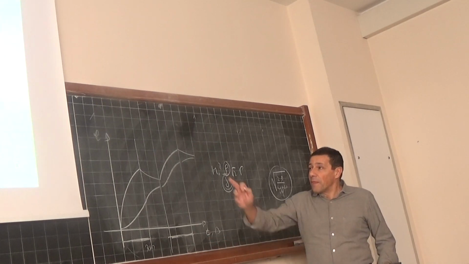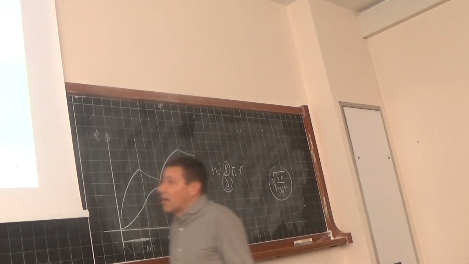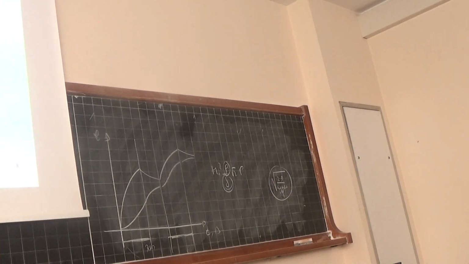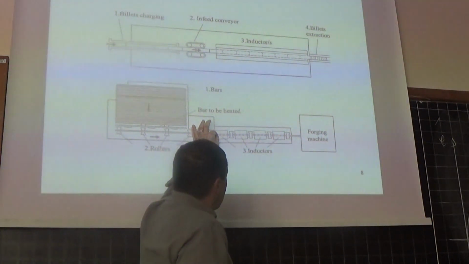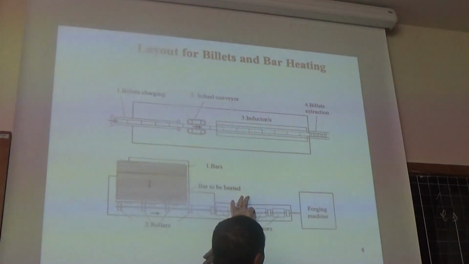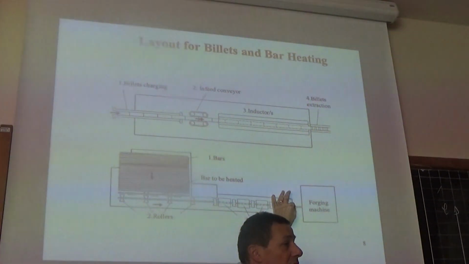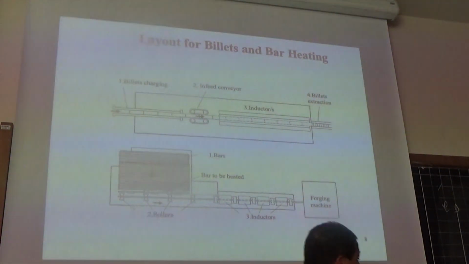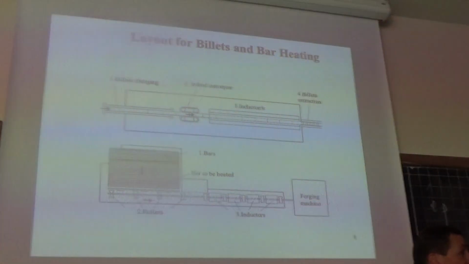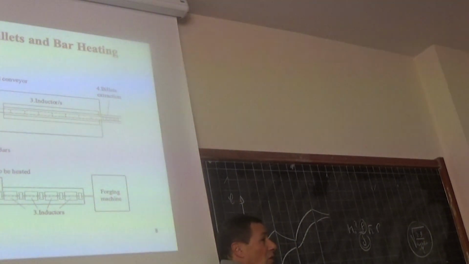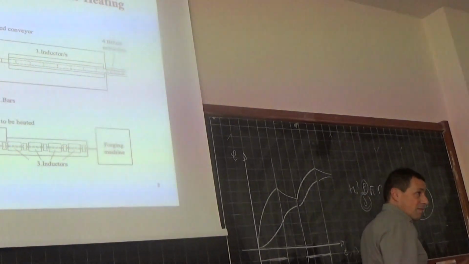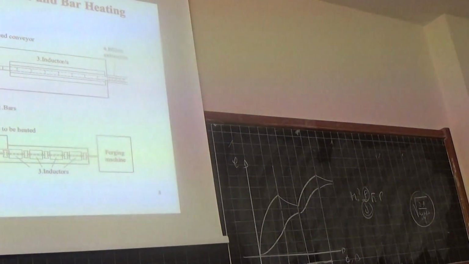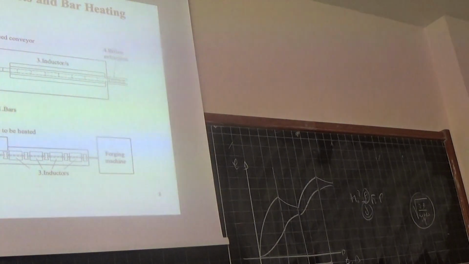So, in this case, we are following this point, which is entering the first inductor, and then moving the point, we are going to the exit of the fourth inductor. This is the behavior of the temperature of the point. Is it okay? So, it's very simple. Space or time.